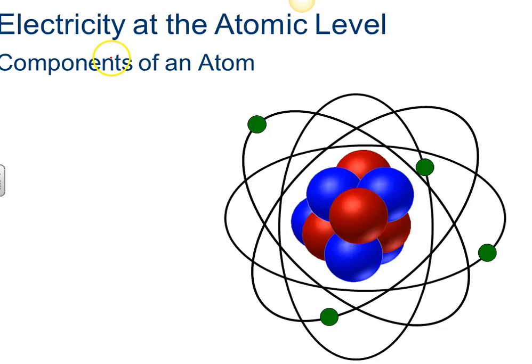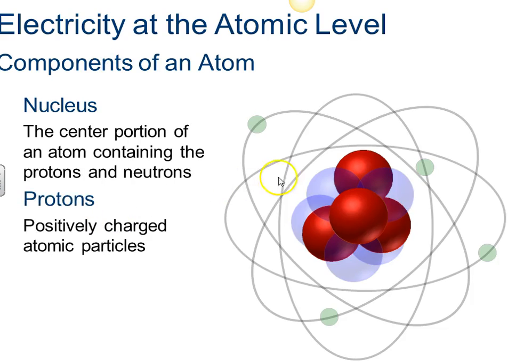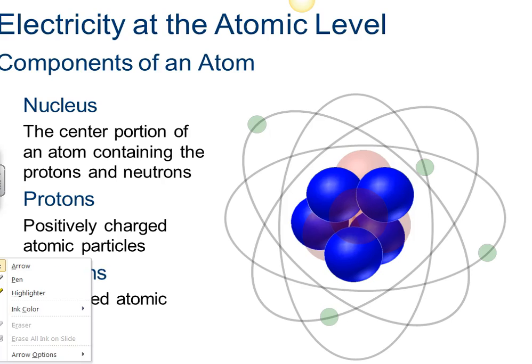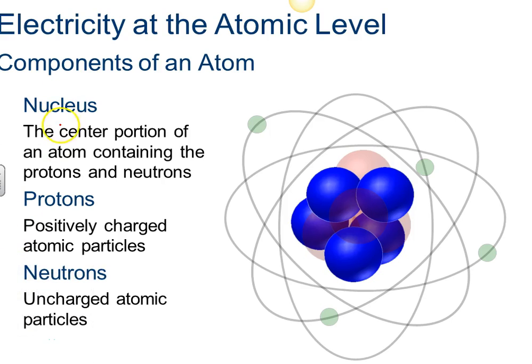The components of the atom would include the nucleus, which is in the center of the atom. That's the most important part. It's the central portion of the atom, and it contains two different kinds of particles, protons and neutrons. Our protons are positively charged, so I often use the symbol P+ for proton, and our neutrons are uncharged or neutral.